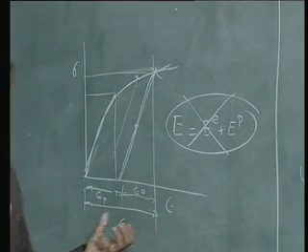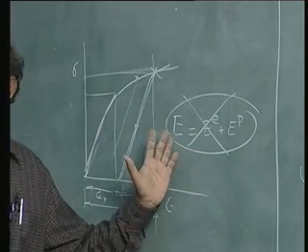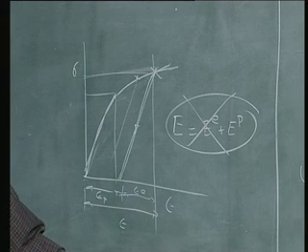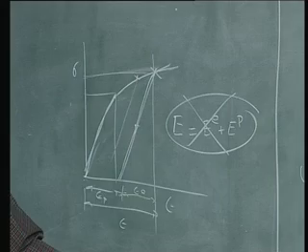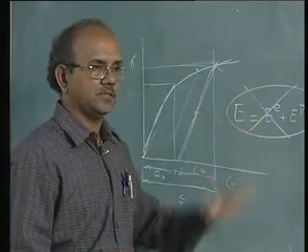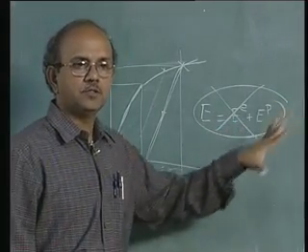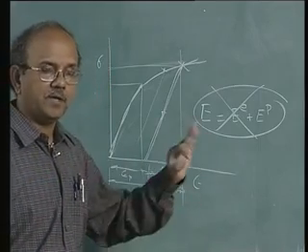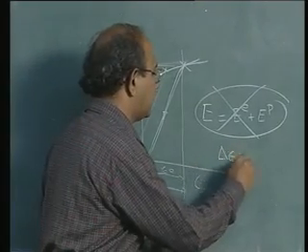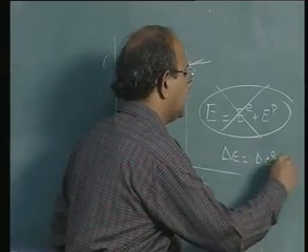So though here I put this as an approximation, you will be surprised to know that in finite deformations I cannot put epsilon equal to epsilon E plus epsilon P. To an approximation I can say delta epsilon is equal to delta epsilon E plus delta epsilon P, but more correctly I would use some other notations for this. But we are not into finite deformation, we are still trying to understand small deformations. Keep that in mind when we come to that stage. Right now let me write this as delta epsilon E plus delta epsilon P.